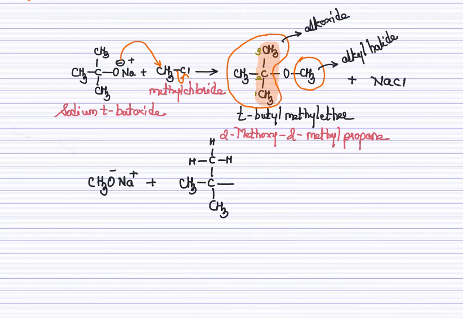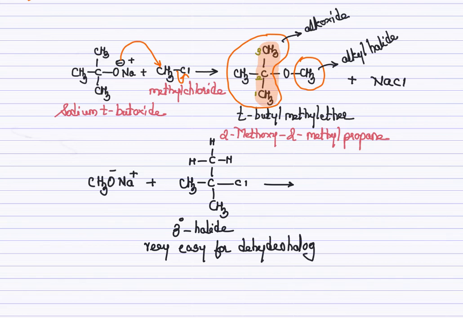Now you know that a tertiary alkyl halide is very easy for dehydrohalogenation.